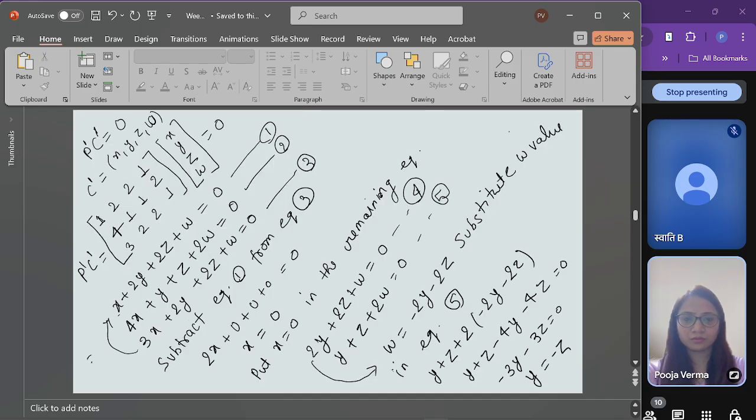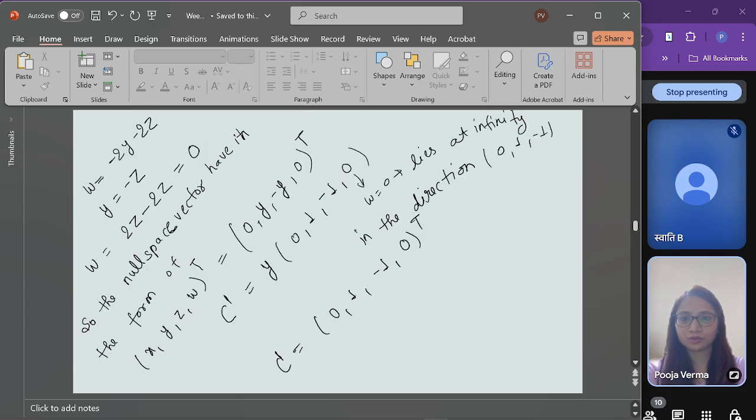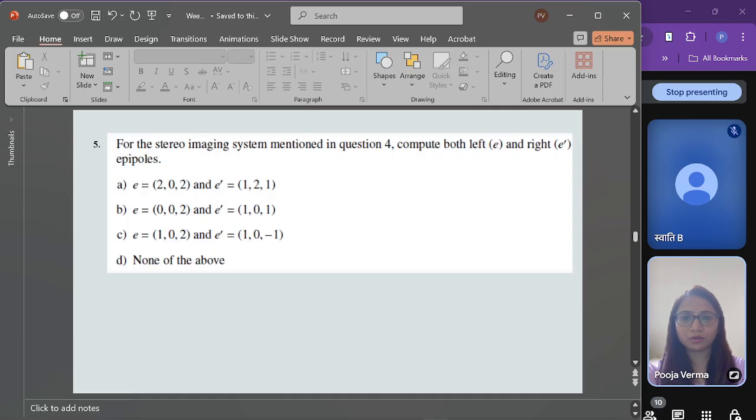Okay, so I hope all of you have understood. Now moving to the next question. The next question is: for the stereo imaging system mentioned in equation 4, compute both left and right epipoles. Already we know that we have the left camera matrix and right camera matrix, and we have computed the camera centers for both.